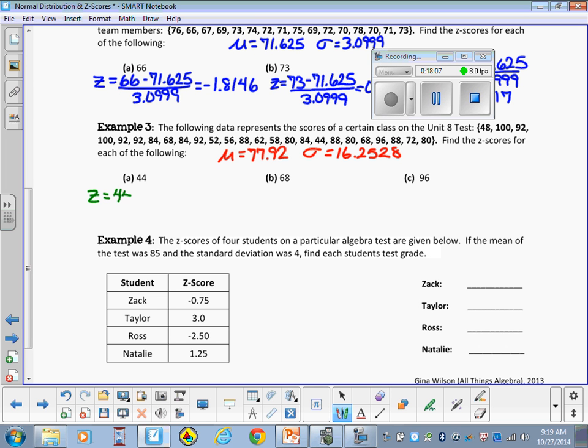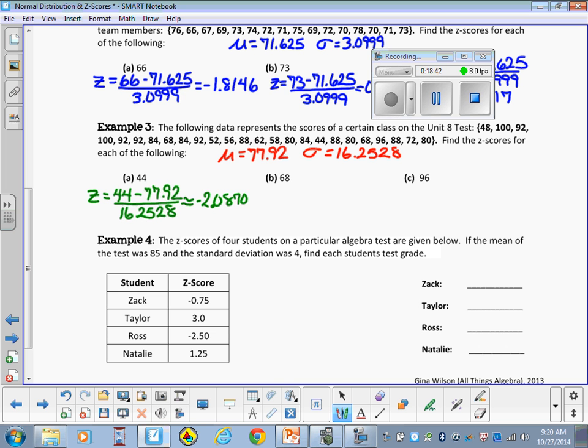Our z-score for the 44 will be, substitute your values. So, using my handheld calculator, negative 2.0870. So 2 full standard deviations below the class average. Not good.